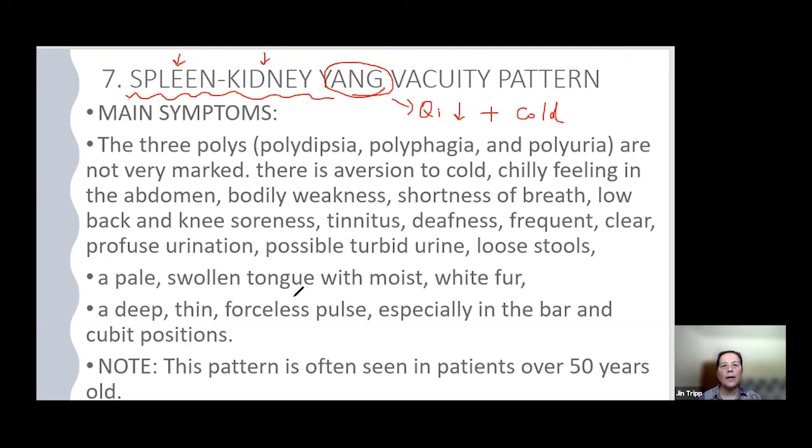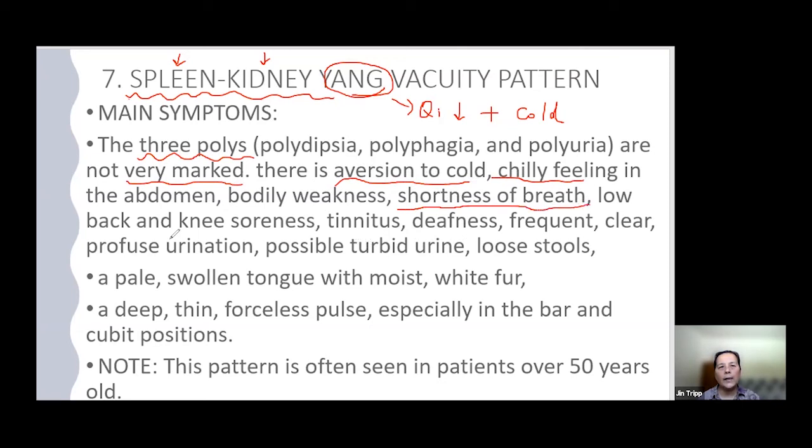So basically, patients still have these symptoms, but maybe not severe. Typically, one is more severe compared with the other one, but they have cold signs, aversion to cold, or maybe chill in the body. And the qi deficiency symptoms, short breath.